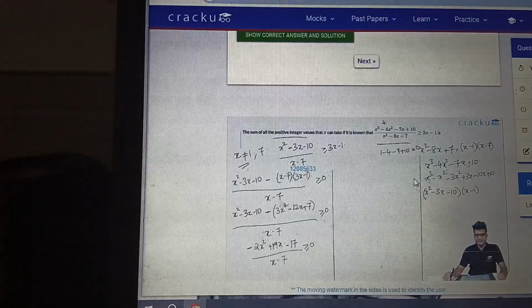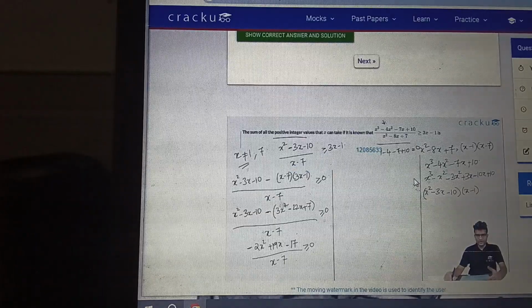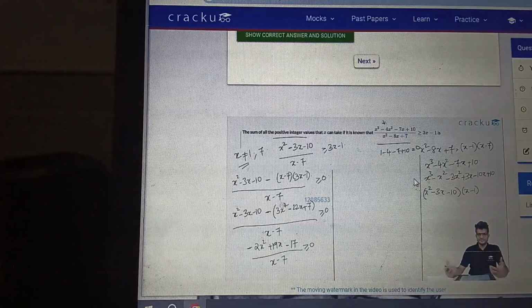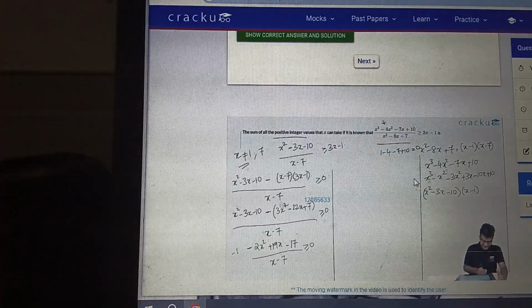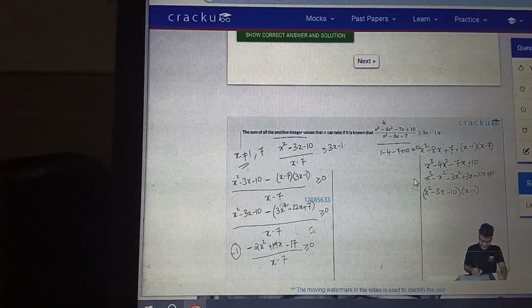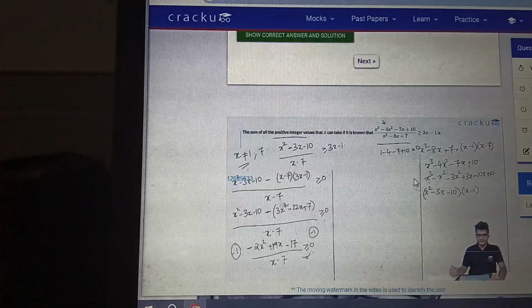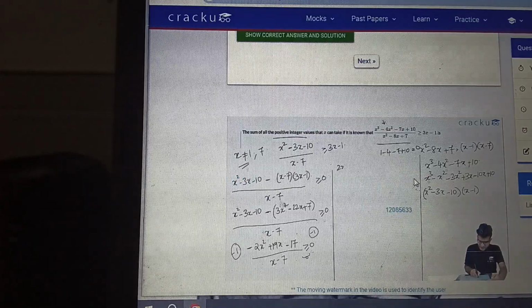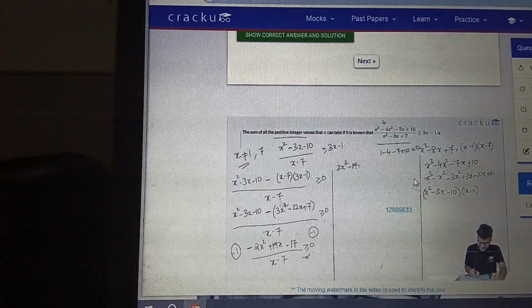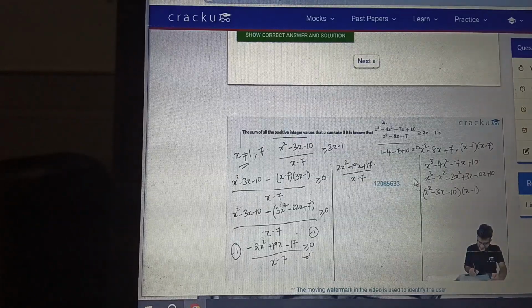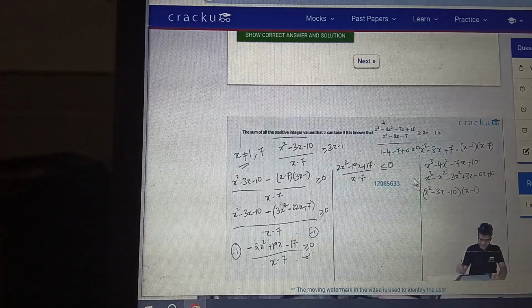Now we can multiply the numerator and denominator with minus 1, just because we want a quadratic where the coefficient of x square is positive, because that is more intuitive. If you are dividing both sides of an inequality by minus 1, the sign of the inequality will change. So essentially this becomes (2x square minus 19x plus 17) divided by (x minus 7) is less than or equal to 0.